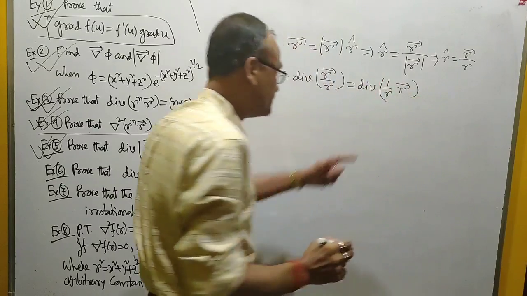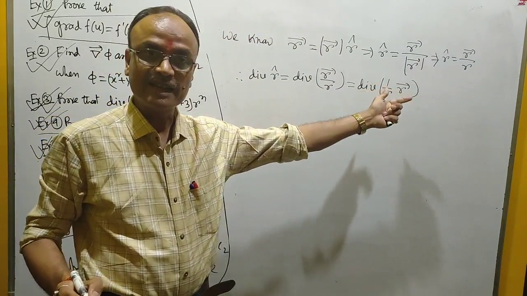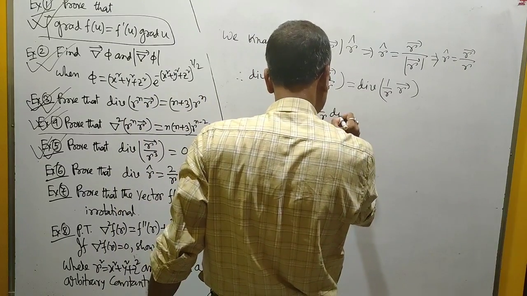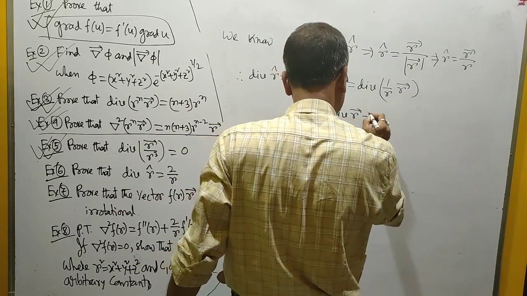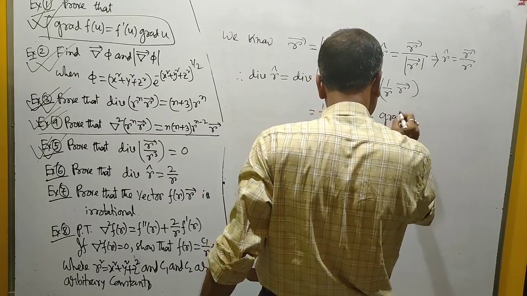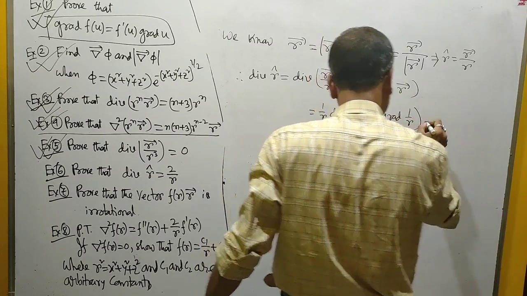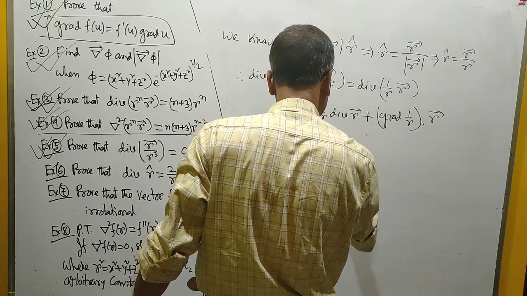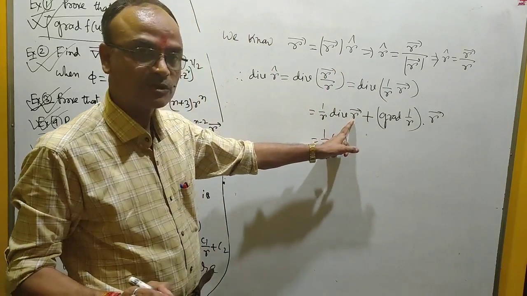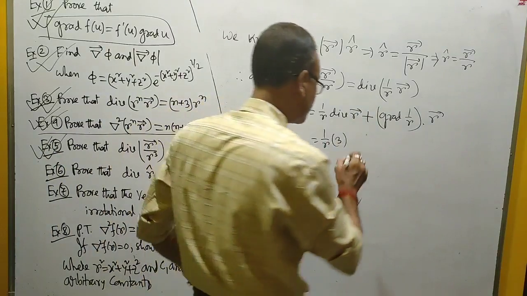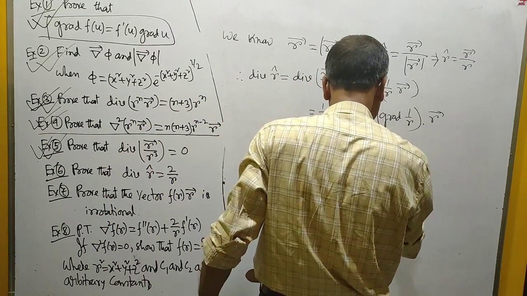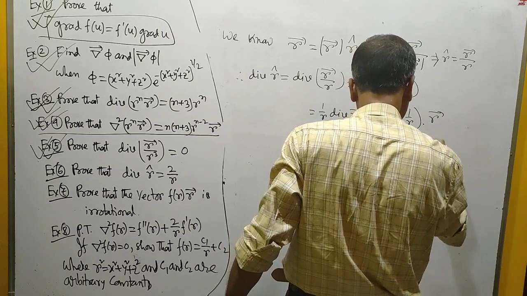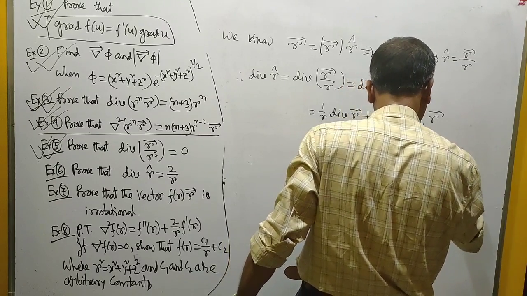The same vector identity can be applied here. This is equal to 1 by r divergence of r vector plus gradient of 1 by r dot r vector. This is equal to 1 by r, it is nothing but 3. Divergence of r vector equal to 3. Plus, it is d/dr of 1 by r, gradient of r, dot r vector.